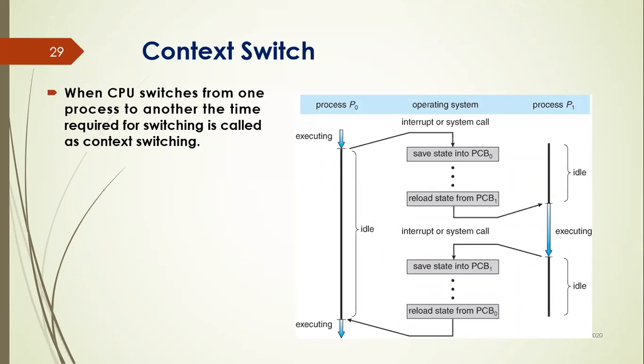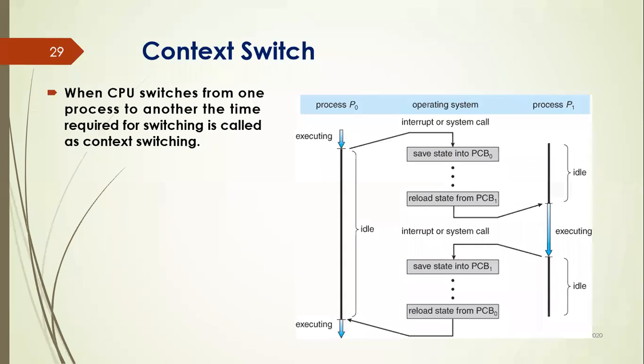Many times, if you are running so many applications at a time, your computer will hang for some time. We say that my computer is hanging. It means that it is taking more time for the switching purpose.